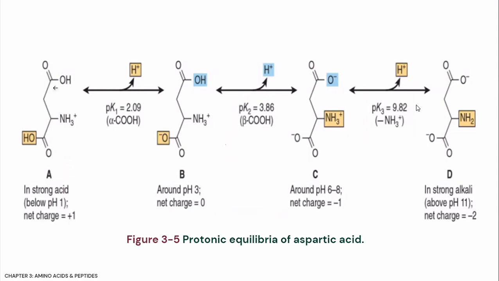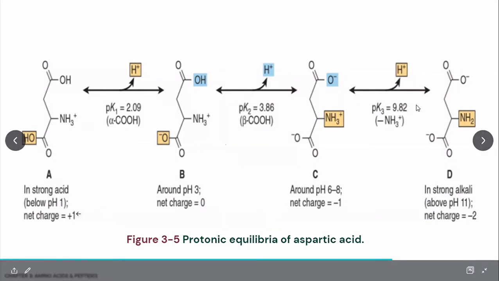The carboxyl group is also protonated. The hydrogen is there, the proton is there. You see? So at a very low pH, aspartic acid shows a positive 1 net charge.